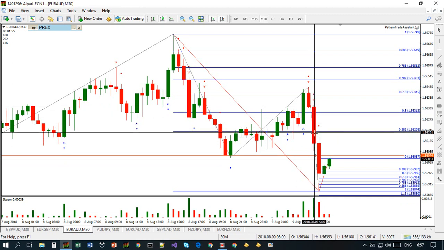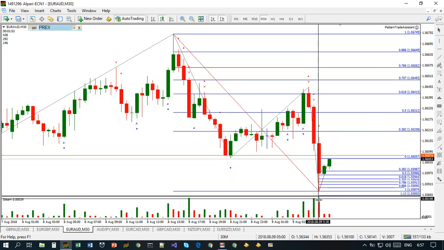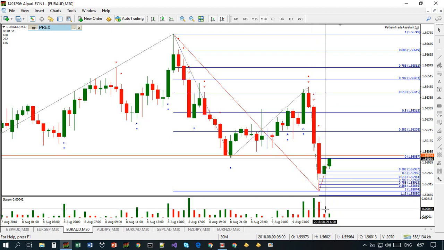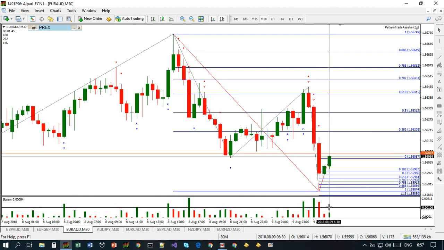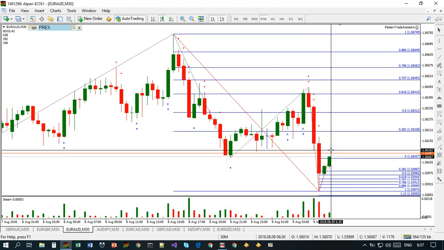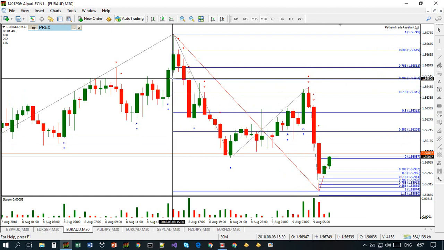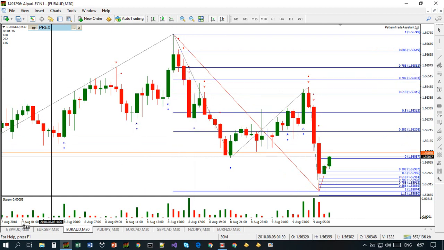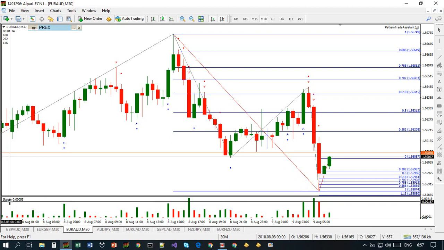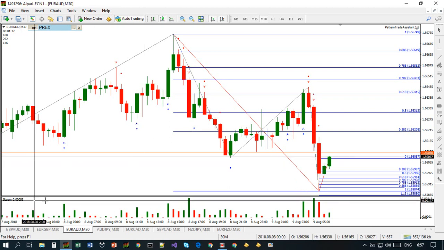Then we had large momentum, you see this? Then we had small momentum, and now we have small momentum. What I want to see is momentum rising as we move higher, because you should keep this in mind. I call the indicator steam. When we are going out of steam, we are about to reverse.